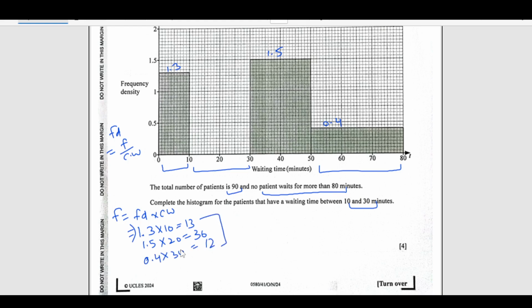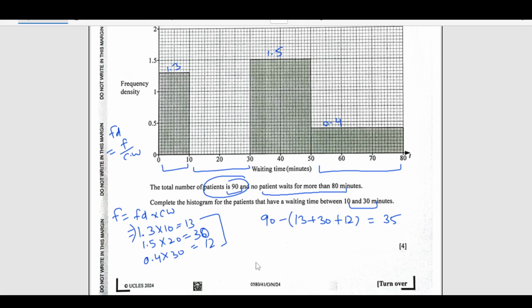So adding all these, we are given that the total number of patients is 90. So the remaining is going to be 90 minus 13 plus 30 plus 12. Adding all of these, I got 35, right?